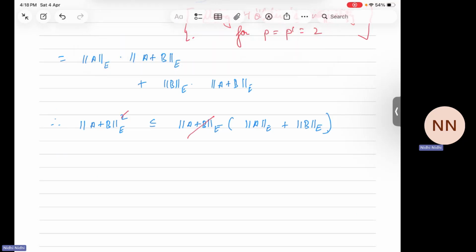We are left with norm A plus B less than or equal to norm A plus norm B. That's our triangle inequality.